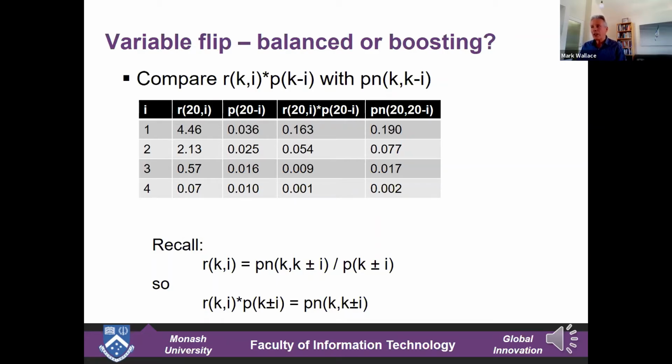But the probability that the neighbor has fitness 19, 20 minus 1, is 0.19, which is actually higher. And as we go down, you see that at each improved level, at each value of I, the probability of improving from 20 to 20 minus I is slightly higher than R_20I times P_20 minus I. So that's boosting. That means the neighborhood is slightly prejudiced in the positive direction towards the optimum.